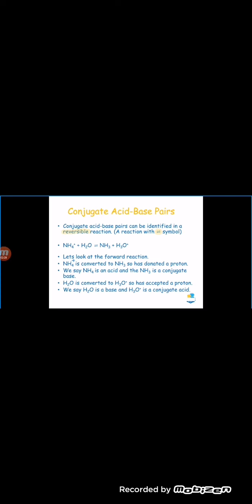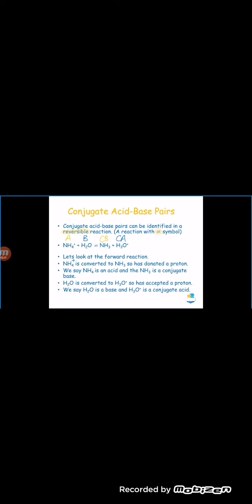So if I was to label this forward reaction now, I would say that the NH4 plus is an acid, the NH3 is the conjugate base, the water is a base, and the hydronium ion H3O plus is the conjugate acid.